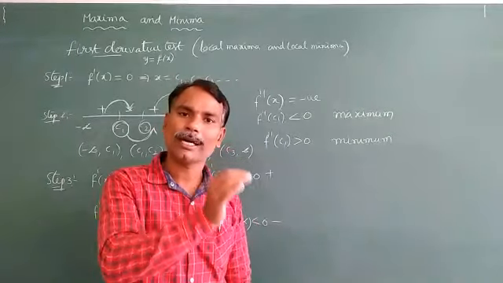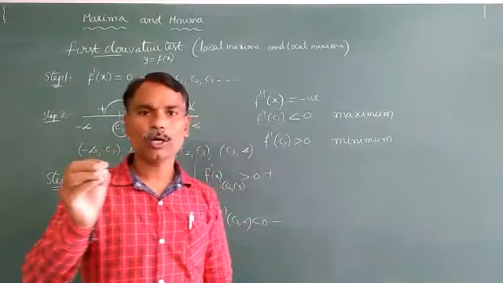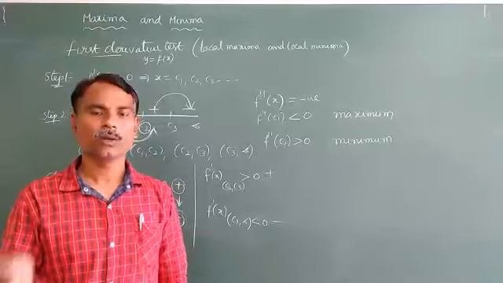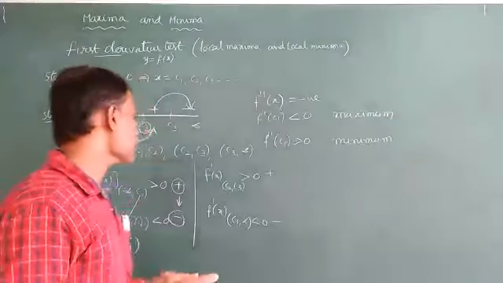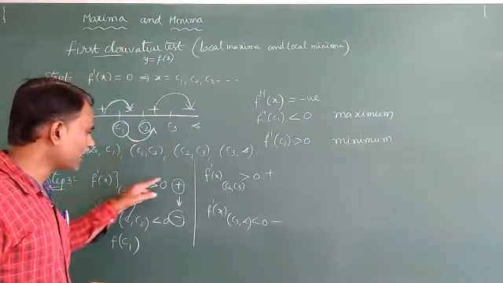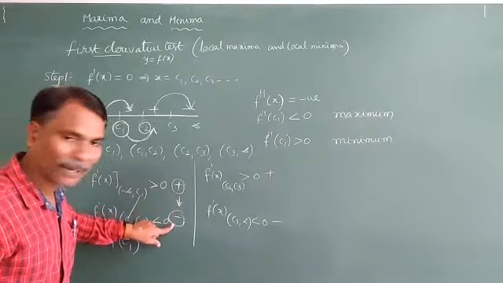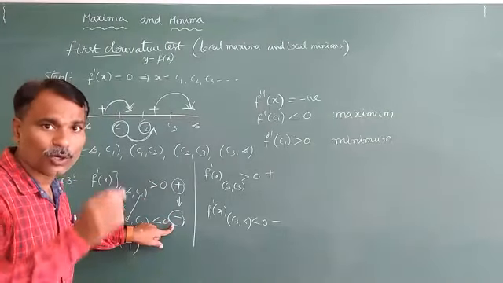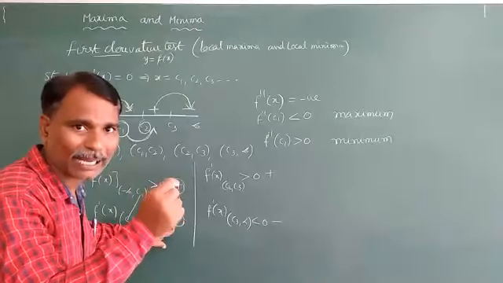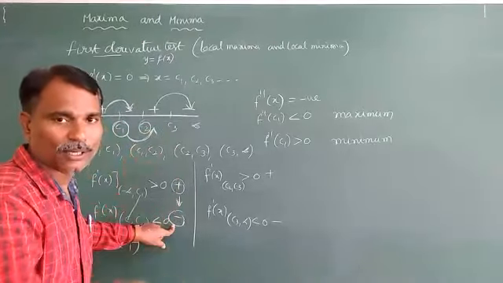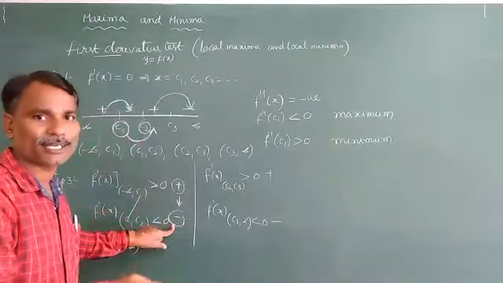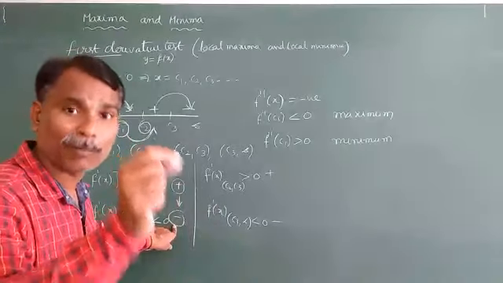For finding the local maxima and local minima, you go to the first derivative, and where the sign changes from plus to minus, that point is called the local maxima point.